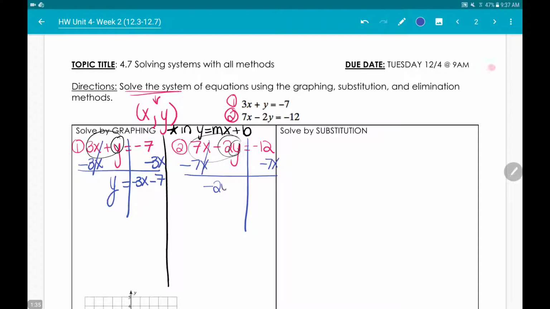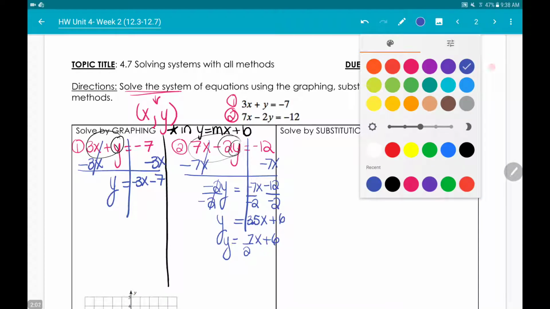I'm left with negative 2y equals negative 7x minus 12. This time I have to divide because there is still a coefficient in front of the y. I'm left with y equals 3.5x plus 6, or I can leave it as 7 over 2x plus 6. Either one of those is okay.